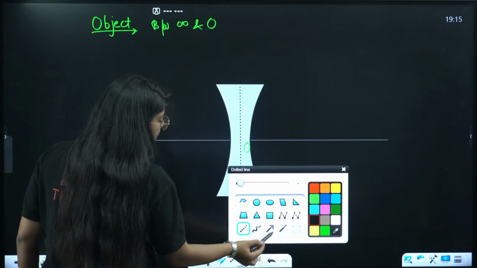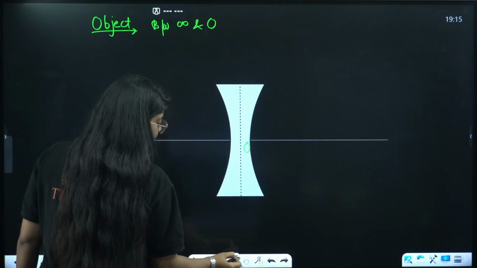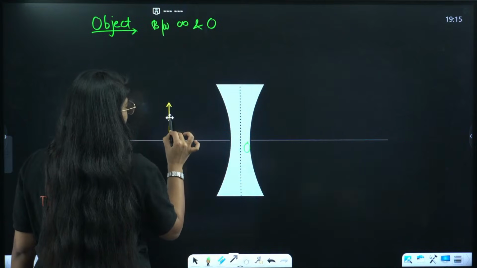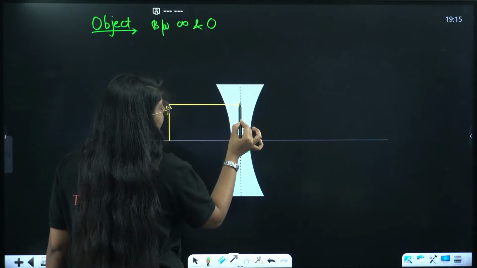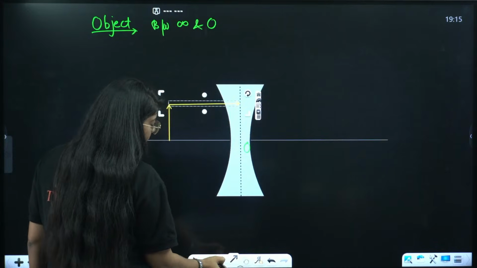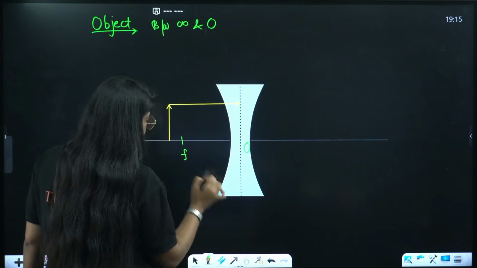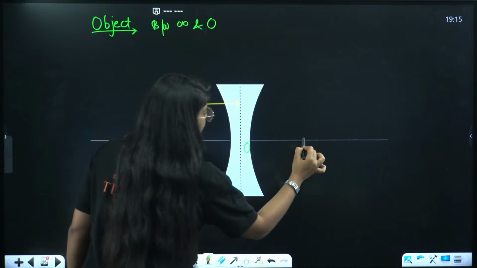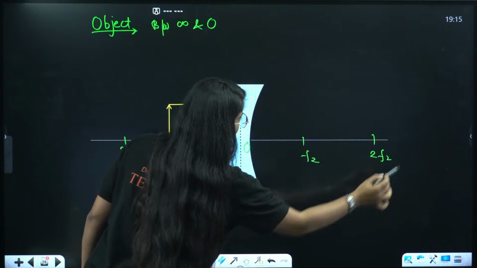Now what will happen? The object is anywhere between the optical center and infinity. So what will happen? One ray will always go parallel, right? Let's say this is my F1 and this is 2F1, this is F2 and this is 2F2.